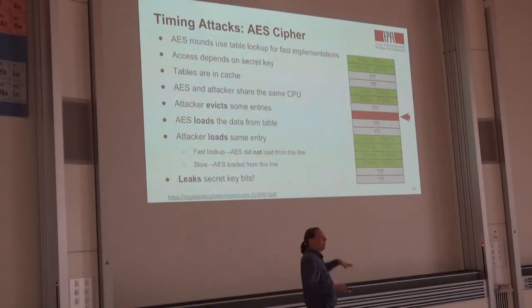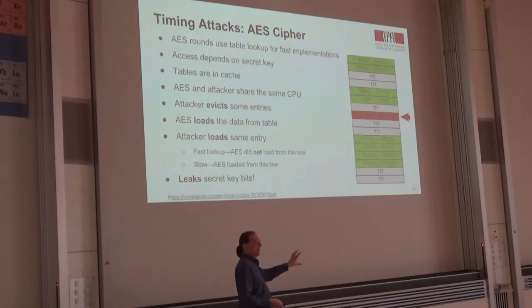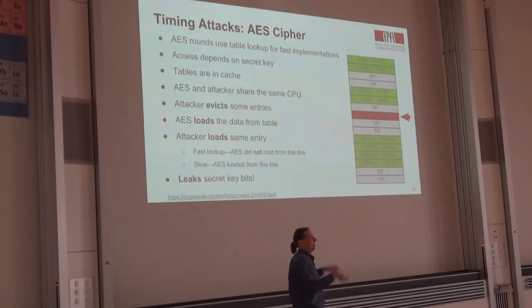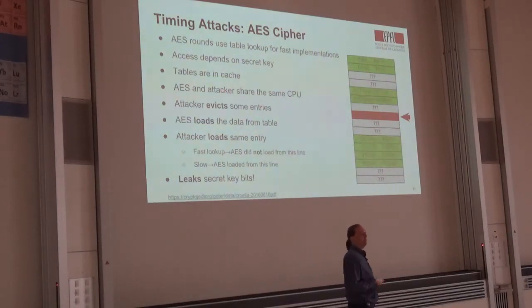But that's okay. The attacker doesn't need those low bits, because if the attacker can get most of the other bits, then they just brute force the last 2 bits or the last few bits.